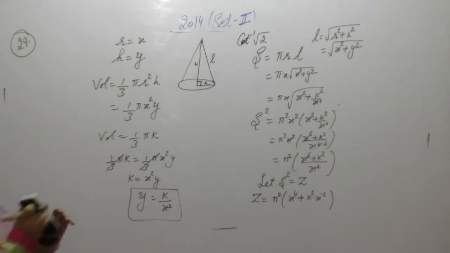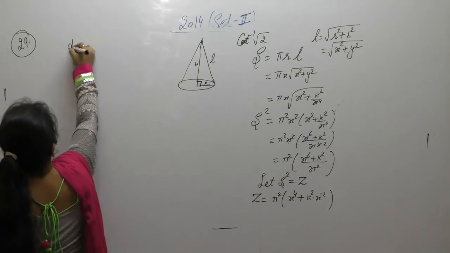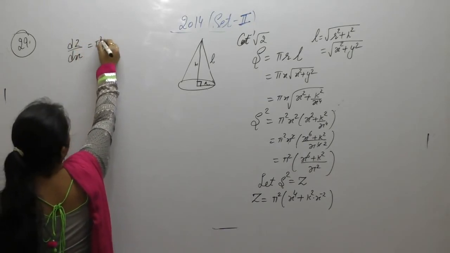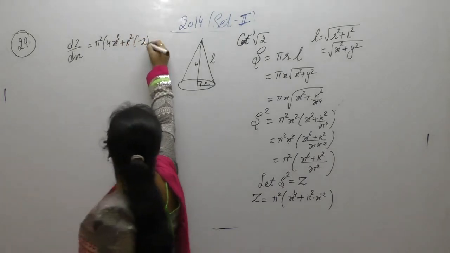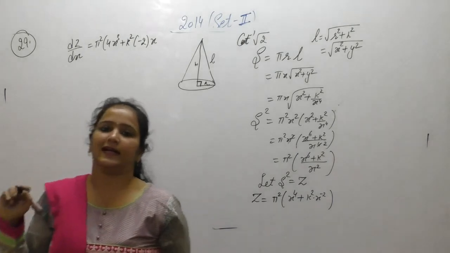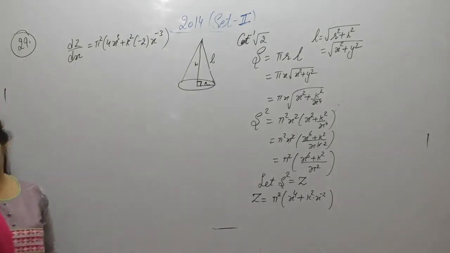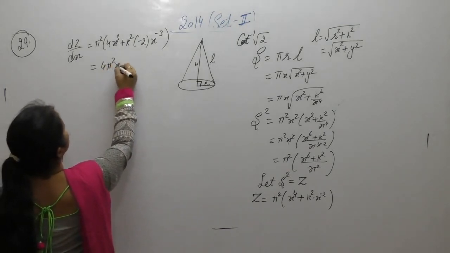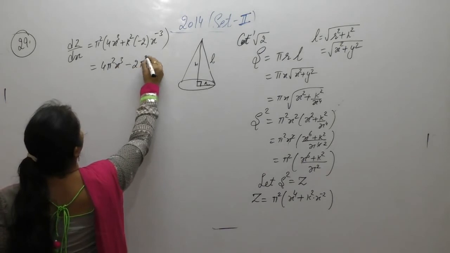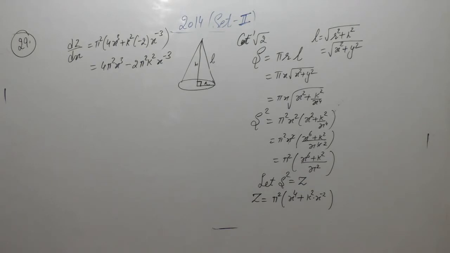Now dz upon dx: pi square is constant, derivative of x4 is 4x cube, k square is constant, and the derivative of x power n is n x power n minus 1, so we get 4 pi square x cube minus 2 pi square k square x power minus 3.